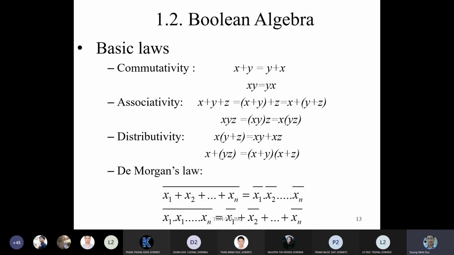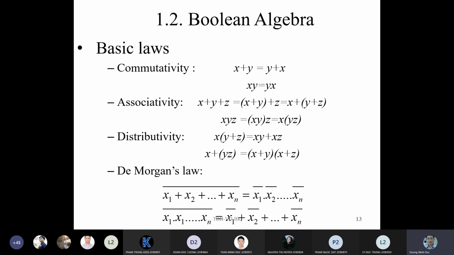This is a very basic or fundamental law, and you show the proof by using the fundamental law. It's like you use the distributivity property to prove the distributivity property.